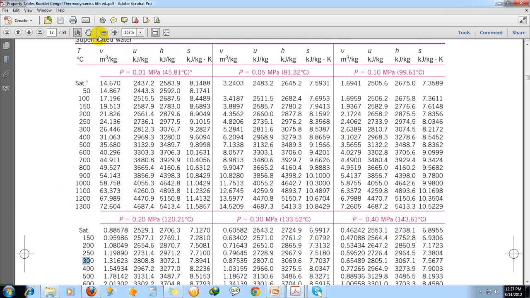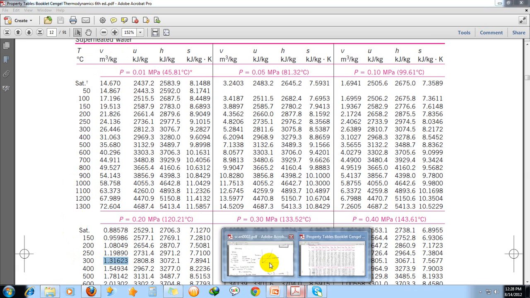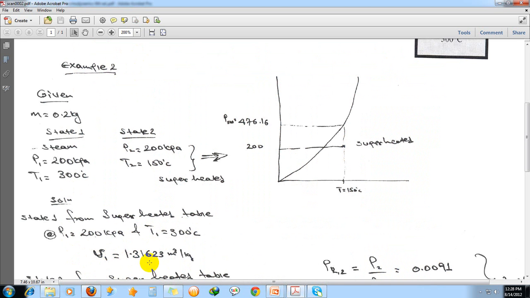Okay, then at P equal to 0.2 megapascal and T equal to 300, the specific volume is equal to 1.31623 meter cube per kilogram. So volume is equal to this much, 1.31623 meter cube per kilogram.